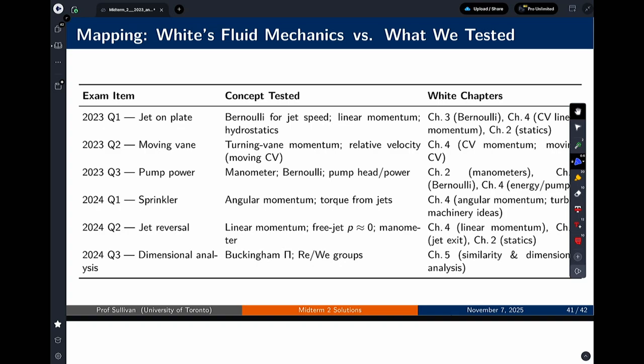Tying this all back to the book, it's chapters 2, 3, 4 in both texts. There's chapter 1 in the sense that there's units and all of that, but the emphasis is really on chapter 2, 3, 4, and 5, but chapters 3, 4, and 5, or sorry, not 4.